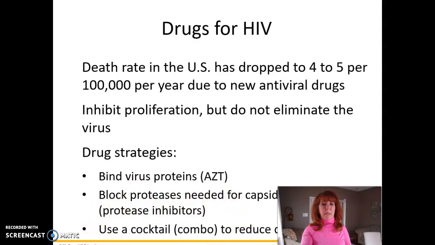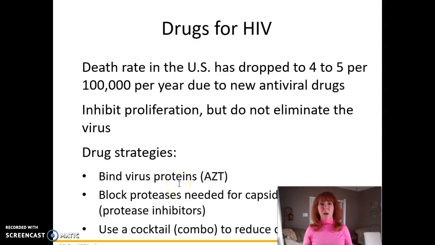And the thing that I want to mention in this is about the cocktail. Often when people are HIV positive, they are taking multiple medications. That's what we're referring to in a cocktail. They take them together so that they can kind of chip away at HIV from multiple different angles.